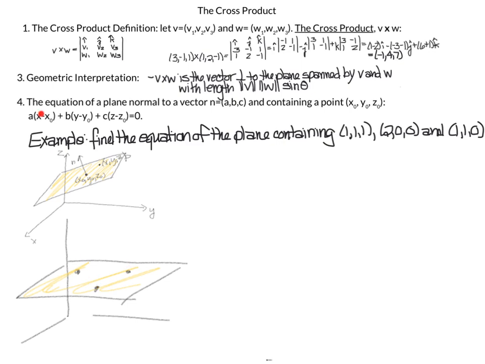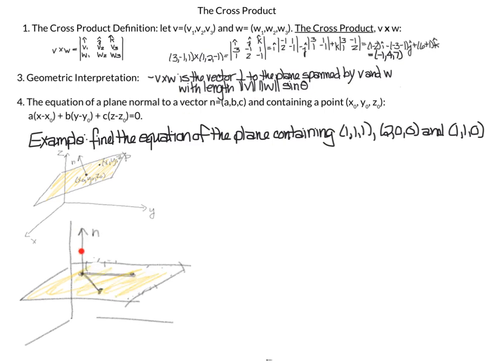As far as my formula is concerned here, I don't need 3 points. What I need is a vector normal and then a point on the plane. Well, I can use any one of these 3 as a point on the plane, but I need to create a vector normal. And I can create a vector normal if I have 2 vectors that lie on the plane. And since I have 3 points, I can define 2 vectors.